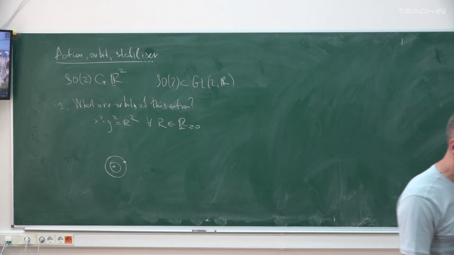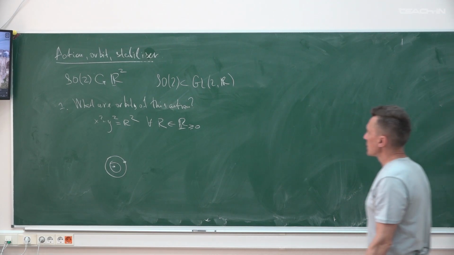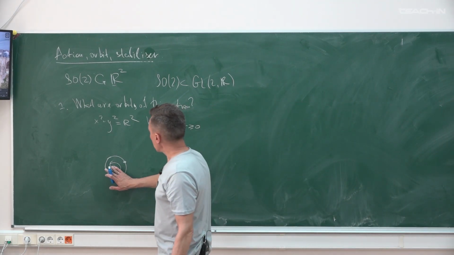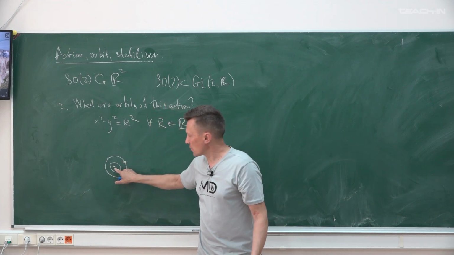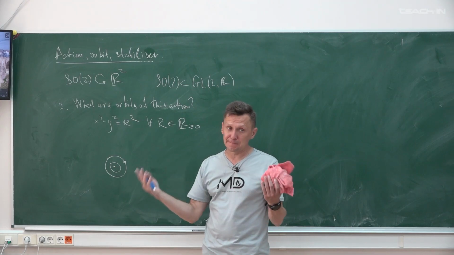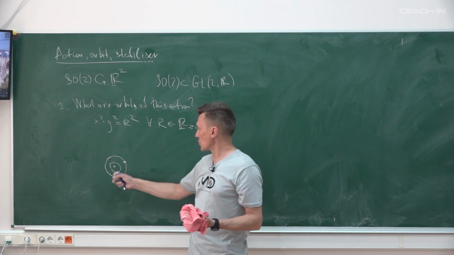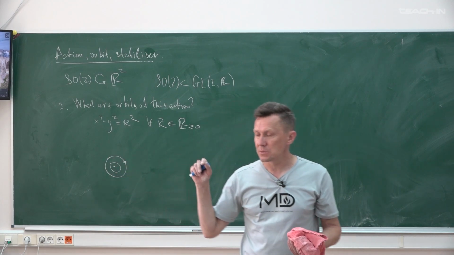So you can proceed with the definition of orbits. And you see the orbits are different. The orbit of the center is different. The dimension of this variety is different. So it's zero-dimensional, and all other orbits are one-dimensional.